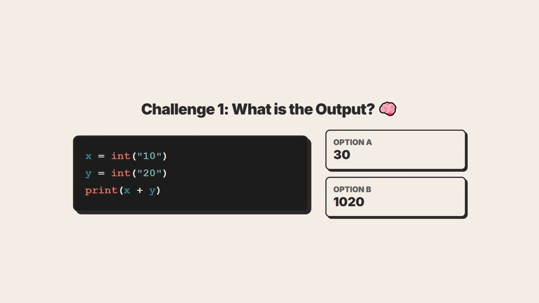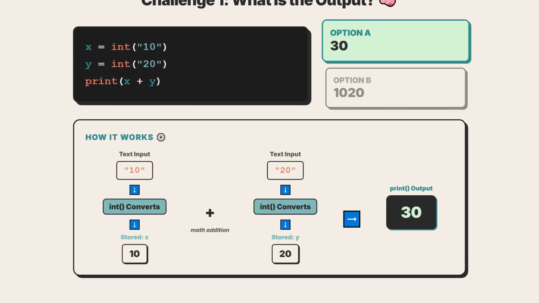Option A, 30. Option B, 1020. Pause the video if you need time to think. Ready? The answer is Option A, 30. Since both values were converted to integers using int, Python performs mathematical addition.